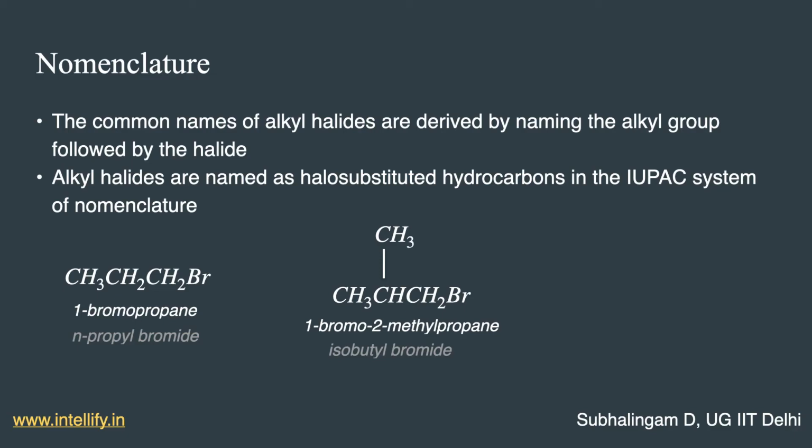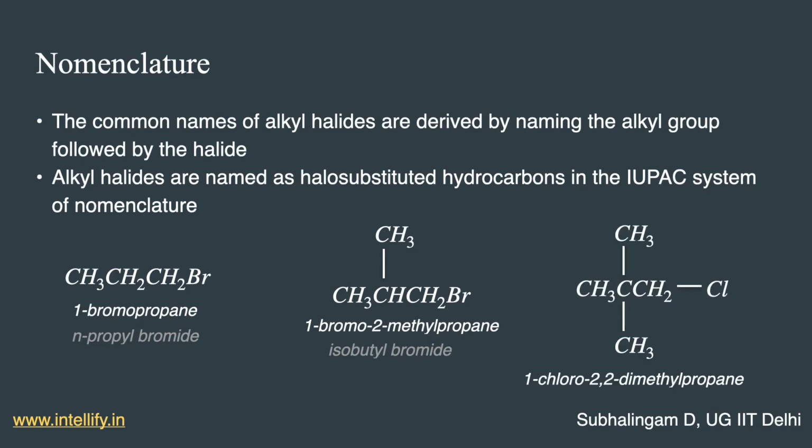We can start from the right because we have the bromine that is more important to us. So starting from the right, we have 1, 2, 3 to the leftmost carbon, and the branching of the methyl group is at the second carbon. So we have the name 1-bromo-2-methylpropane. Bromo comes first because B comes first.